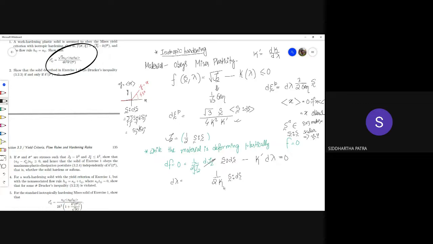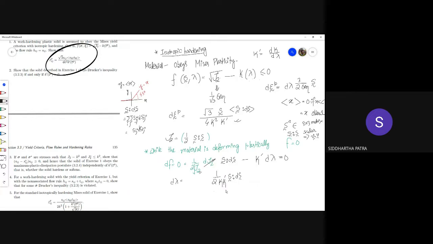So what did I do? I substituted for square root of J2, because this equality must always hold. f should always be equal to 0 in plastic deformation, so there is no way square root of J2 is not k. So basically this can be written like this. One more mistake, it is k times k prime.